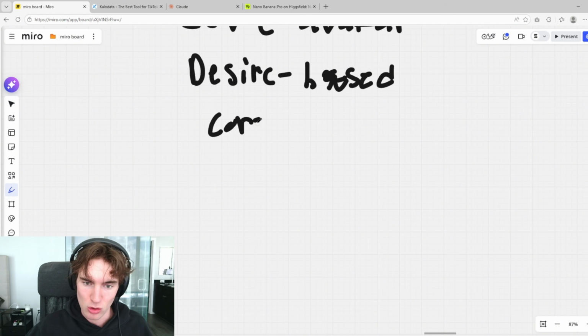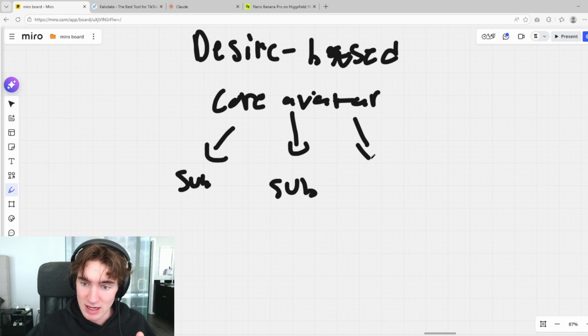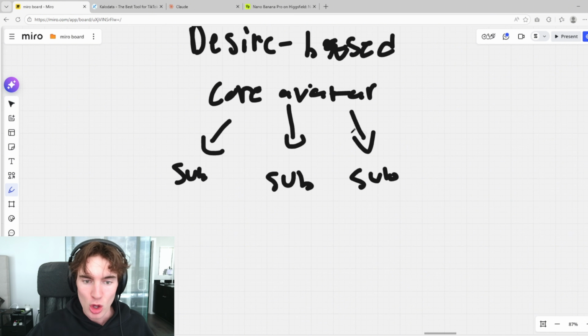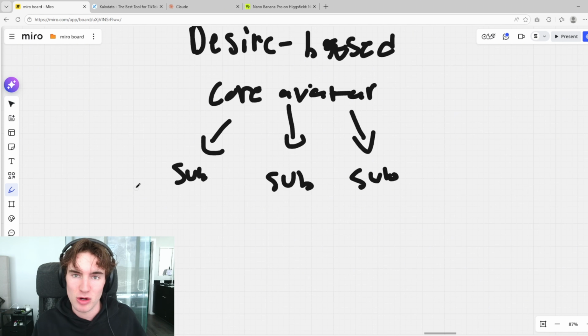The way I like to go about this, especially when it comes to testing, is that when we find our core avatar, which I'm going to show you guys exactly how to find in a second, we want to find 3 sub avatars around it. This is going to help us a lot in the testing phase, because we're not going after this massive core avatar that so many people are targeting. We're picking one of these sub avatars to go after so that we can target a more specific person, especially when you're at low spend, like $300 a day, 1K a day.